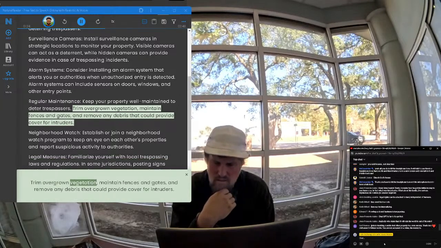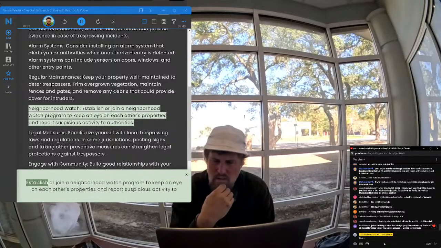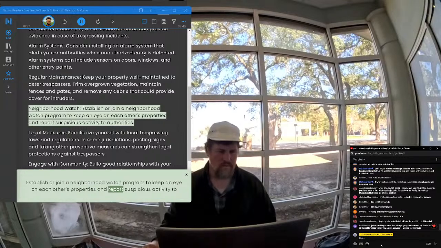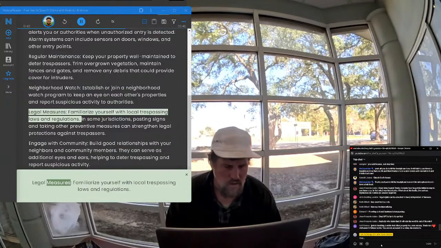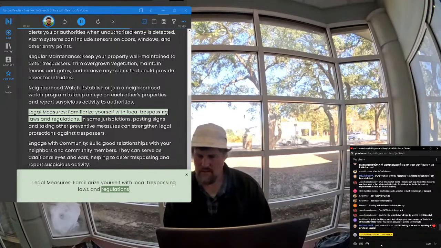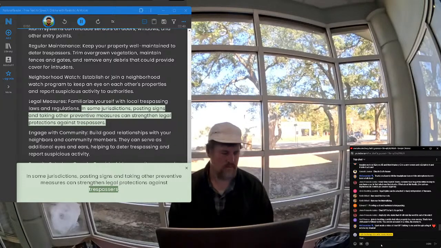Trim overgrown vegetation, maintain fences and gates, and remove any debris that could provide cover for intruders. Neighborhood watch. Establish or join a neighborhood watch program to keep an eye on each other's properties and report suspicious activity to authorities. Legal measures. Familiarize yourself with local trespassing laws and regulations. In some jurisdictions, posting signs and taking other preventive measures can strengthen legal protections against trespassers.